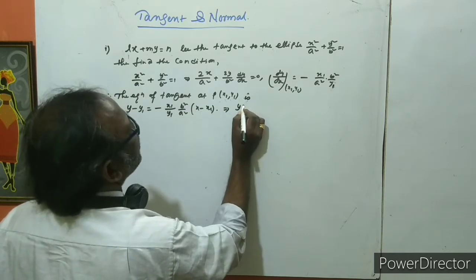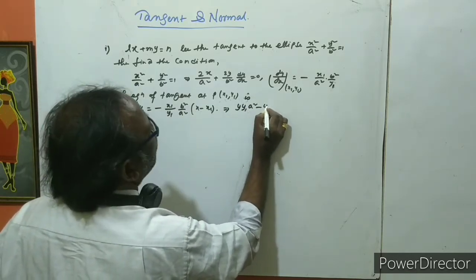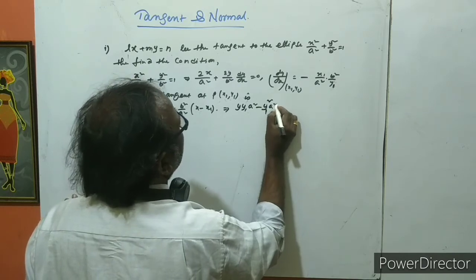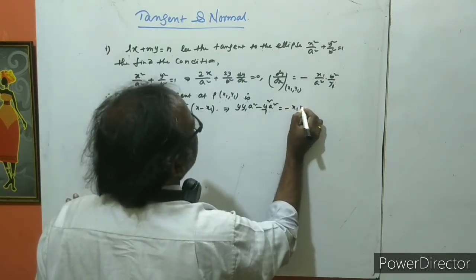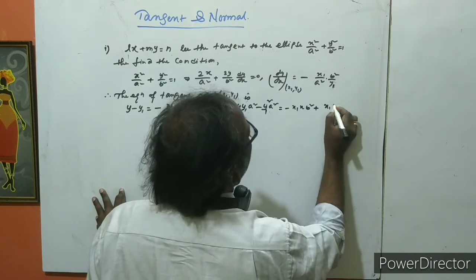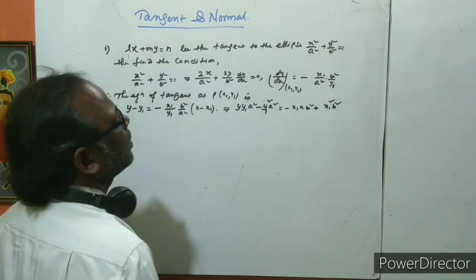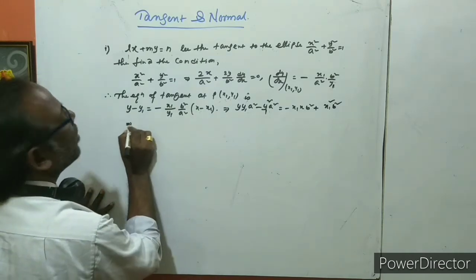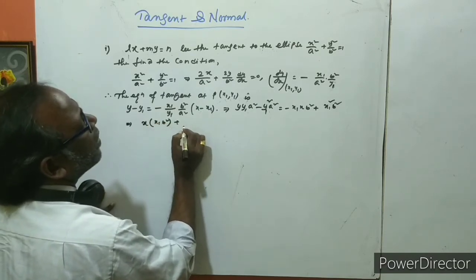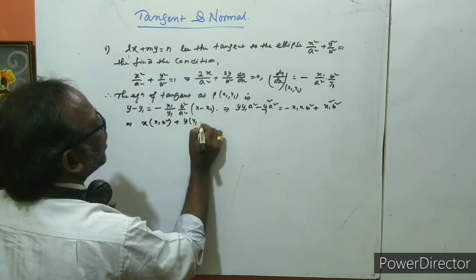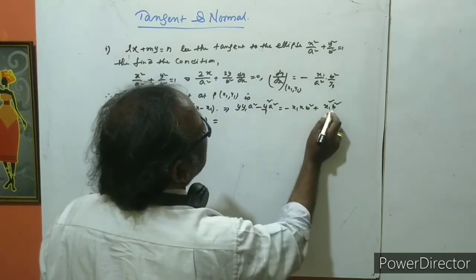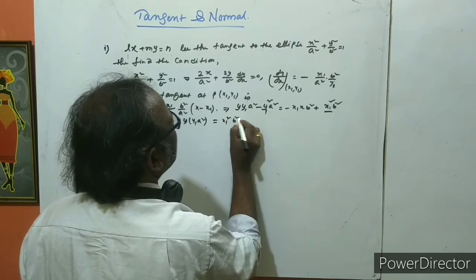So now let's find here, this is multiplied by that. y1 a square y, so this is y1 square a square plus x1 b square x plus x1 square b square.